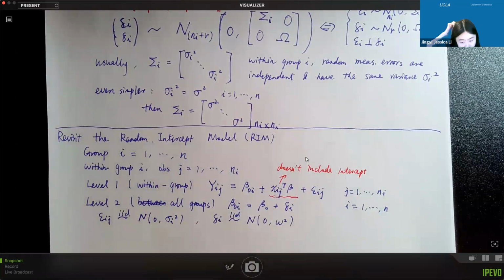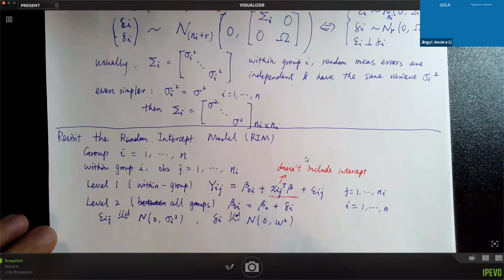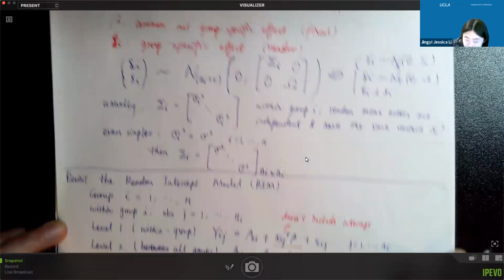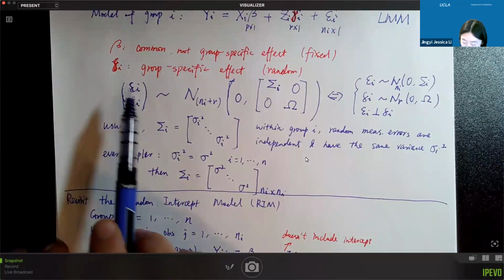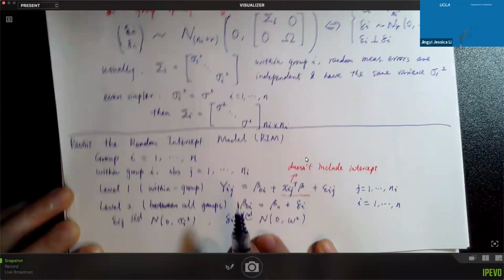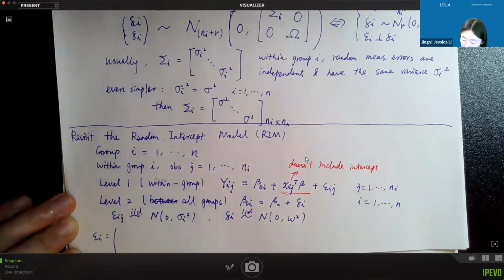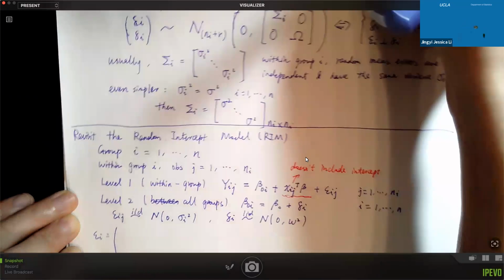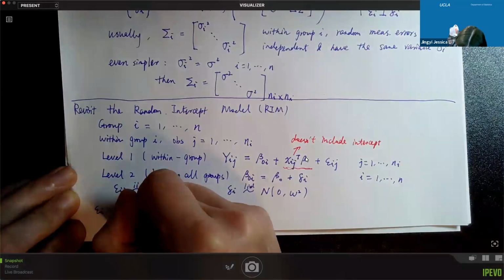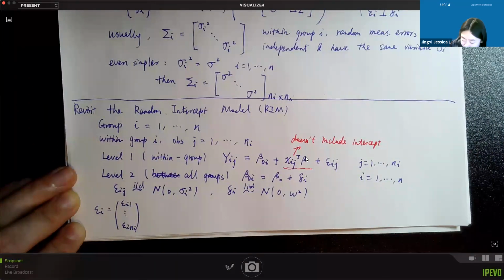So putting it together, if I want to restore my matrix form, then you can see this is giving me, using this matrix form to revisit this. Now this epsilon i is a vector formed by stacking the observations in group i. So it will be epsilon i1 to epsilon i Ni, and that's my epsilon i.